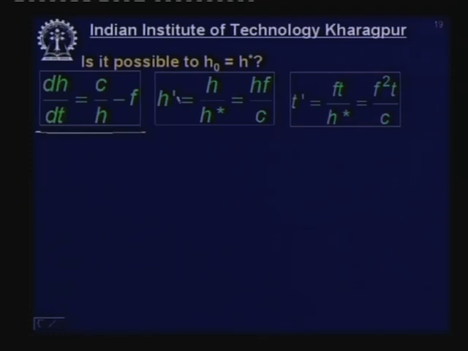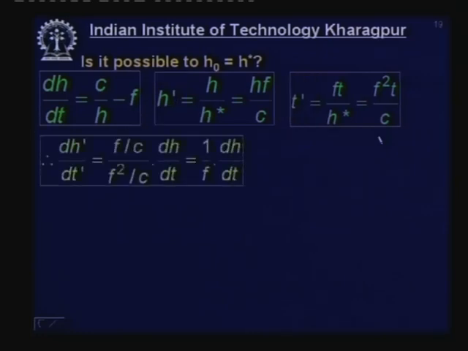Now, we are going to change the variable domain of H as well as t by variable transformation. We are basically making them non-dimensional, nothing more than that, so that we can get a non-dimensional expression of dH prime by dt prime, which is also related to dH by dt, the rate at which the anode is dissolving.